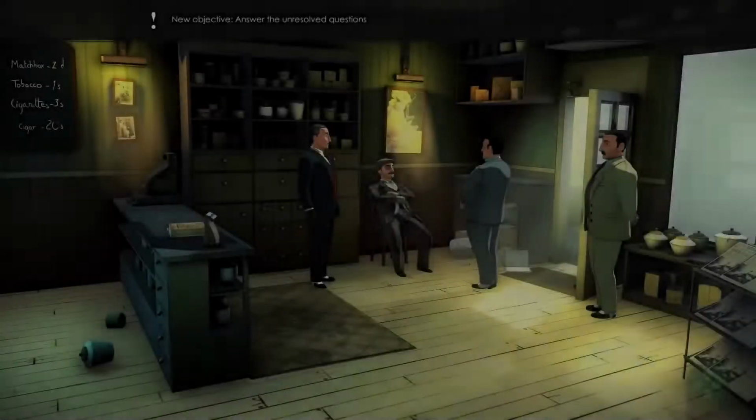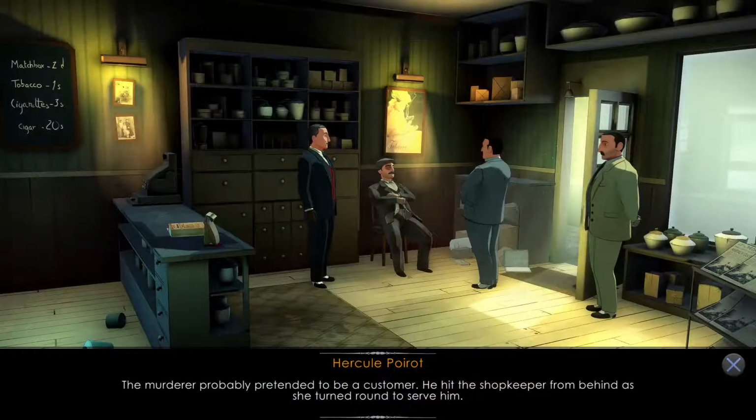The murderer probably pretended to be a customer, hit the shopkeeper from behind as she turned around to serve him.